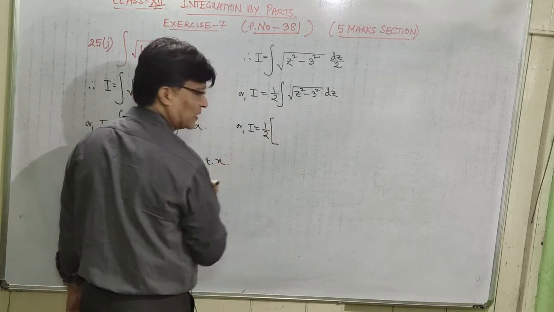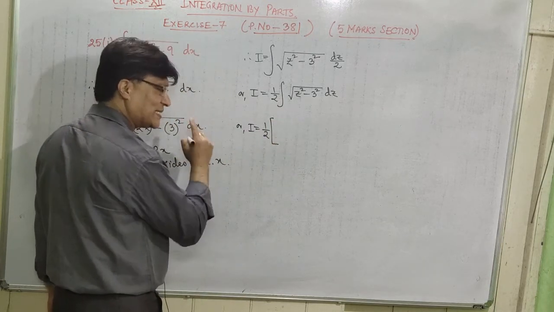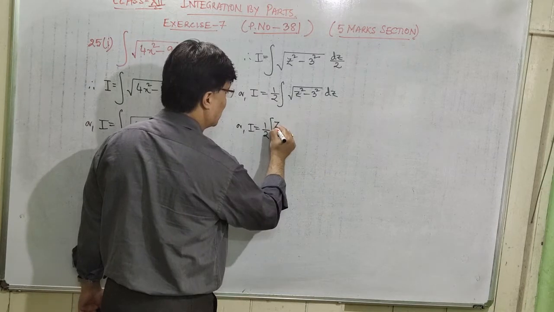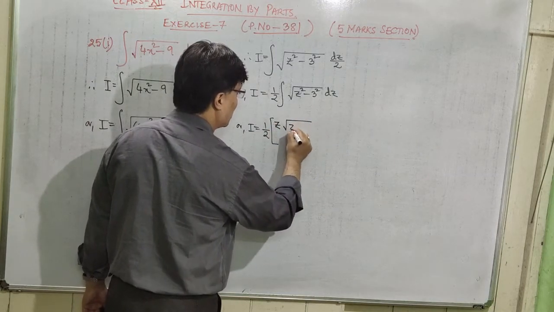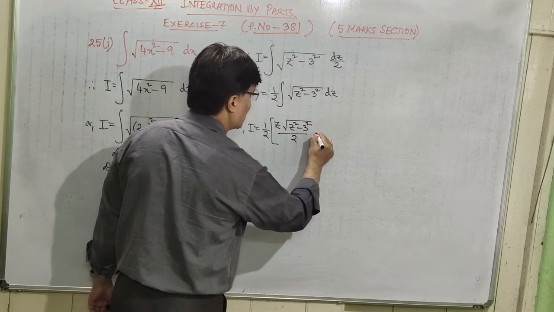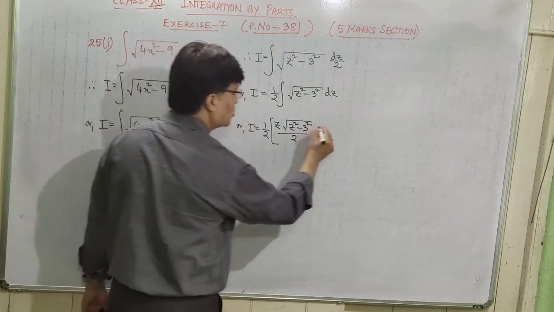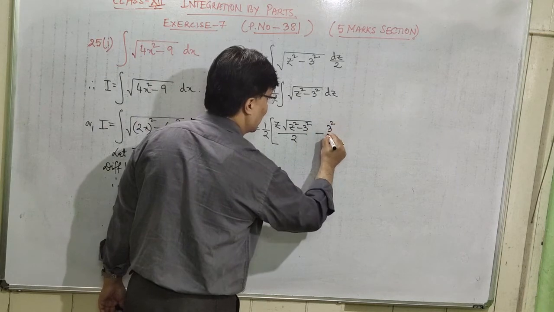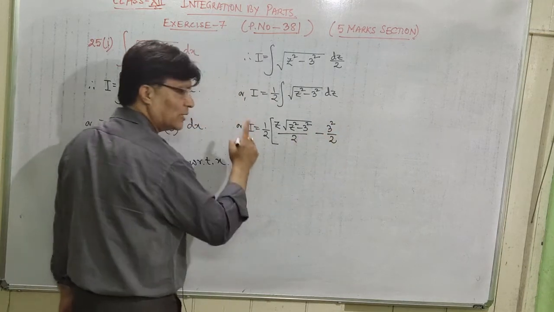Now within third bracket, let us use the standard integral in this case. Here x is z: z root over z square minus a square divided by 2 minus, what is a square here? 3 square divided by 2, that is 9 by 2.